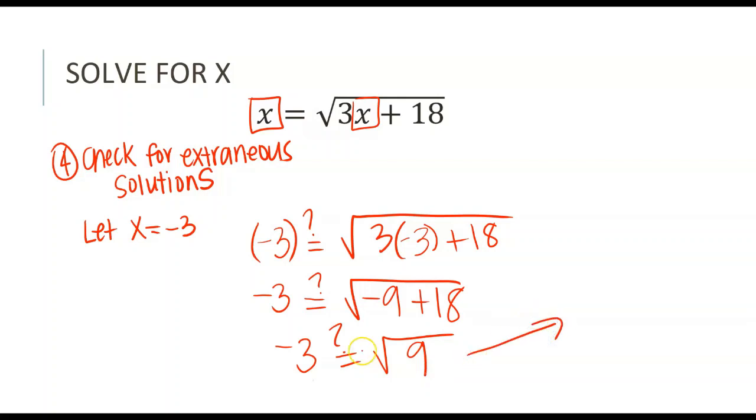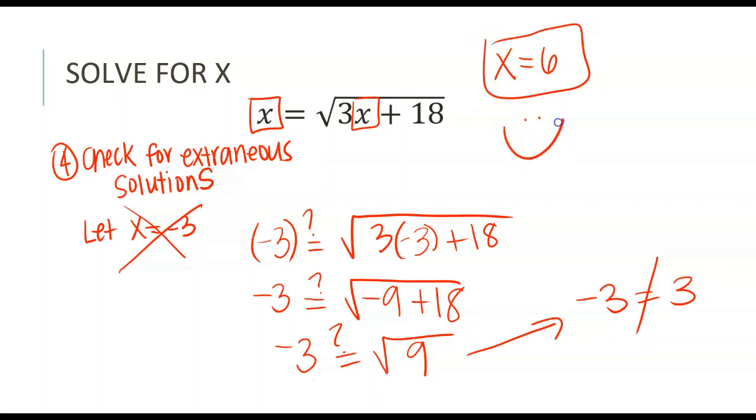Well, the positive square root of 9 is going to give us a positive 3. So what this is actually saying is -3 equals positive 3. This is not a true statement. Therefore, x equals -3 is not a solution. Only solution we have for this is x is equal to 6. Woo!